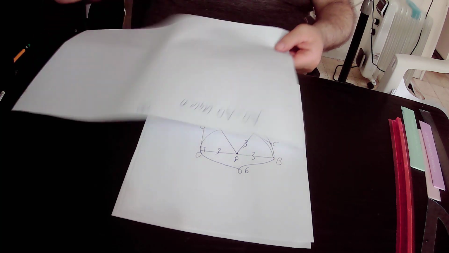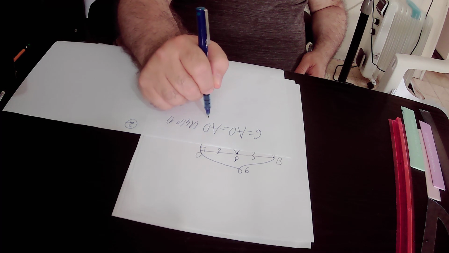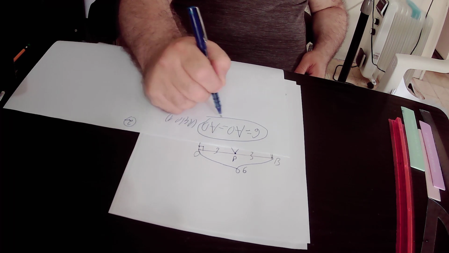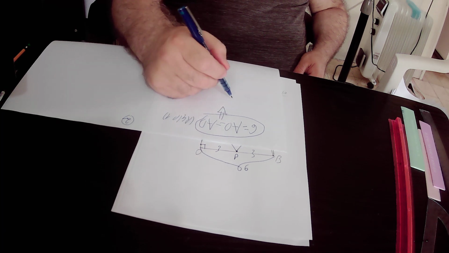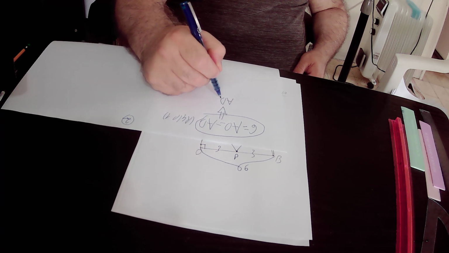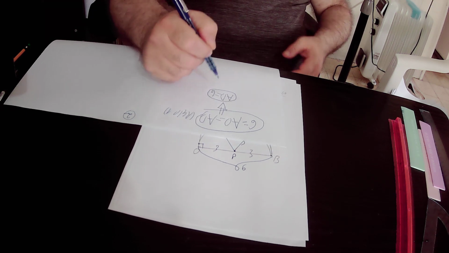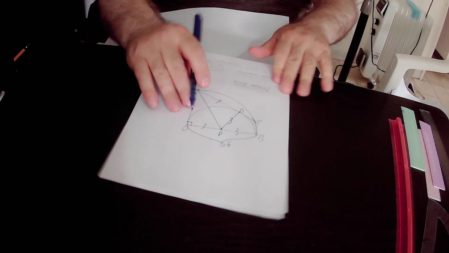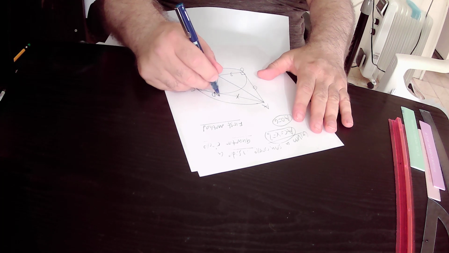So from the equation 6 equals AO equals AD, we derive that AD is also equal to 6 units. So here, AD equals 6 units.